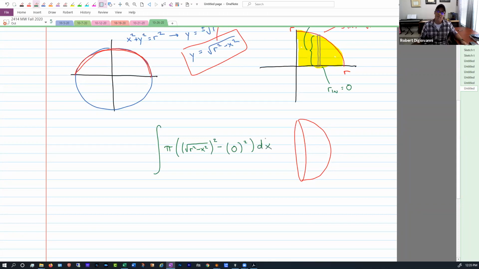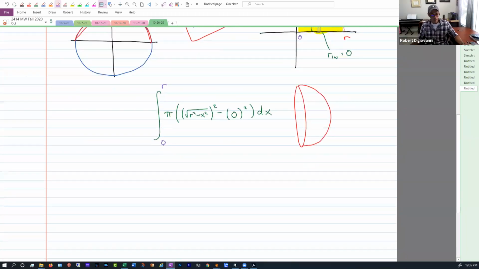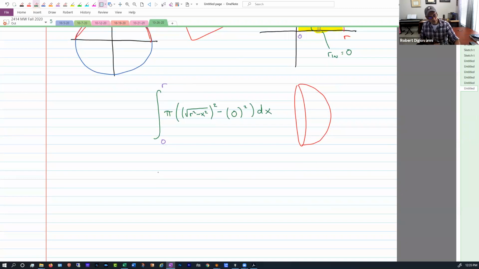Now, what are my limits of integration? So be careful here. On the x-axis, where do we start? I'm choosing to start at 0, and I'm going to stop at r, so I'm going to go from 0 to r. And do you see how great this is that I'm squaring that square root?